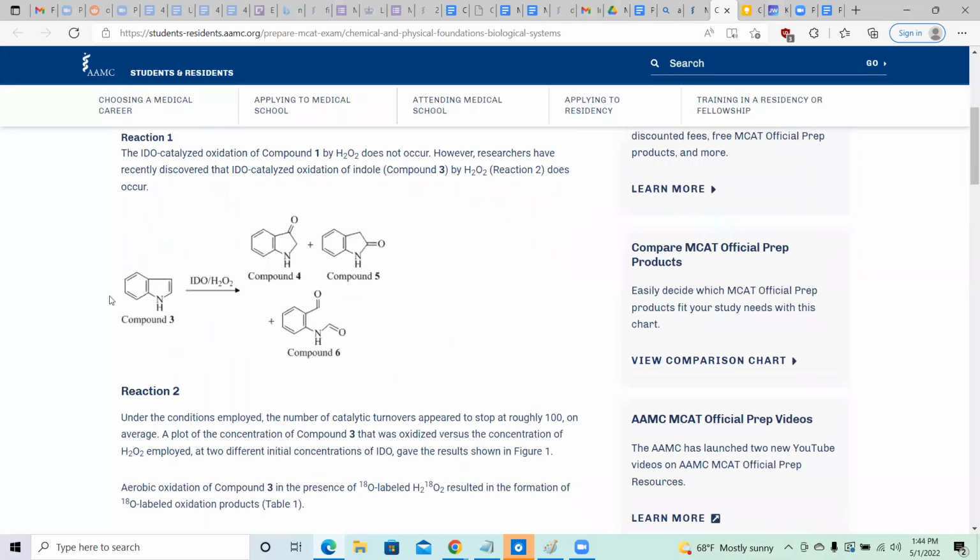So now we go back to this reaction. What do we see? Compound 3 is interacting with this enzyme and with this peroxide, and then we're getting a bunch of different compounds. What is different about these compounds that can help us answer our question?